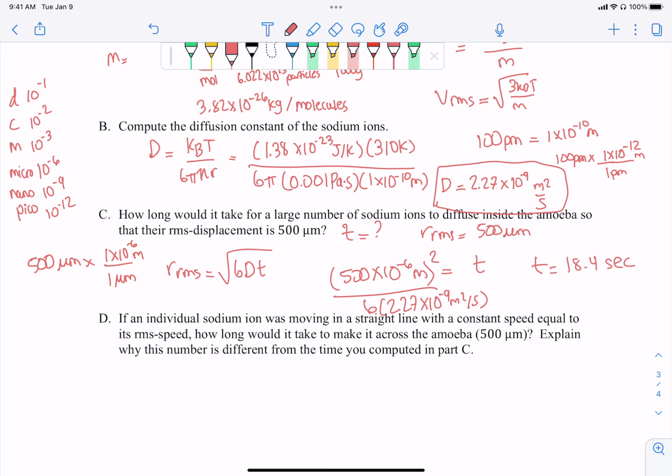Or alternatively, you can say 5 times 10 to the negative 4 meters as well, so just move it over 2 decimal places. It's the same thing. But yeah, we can then move on to part D.